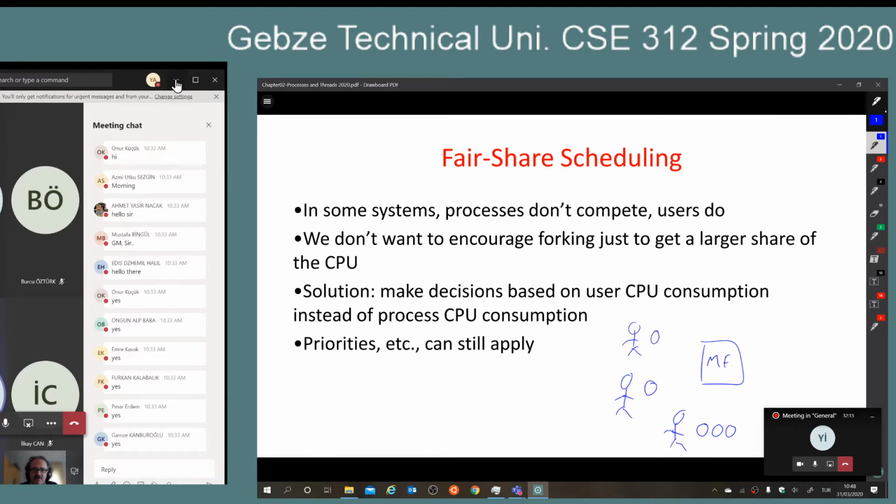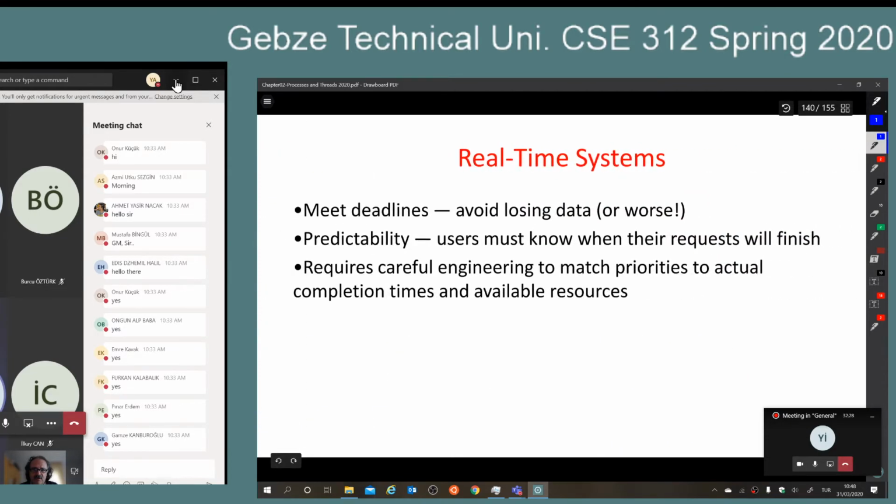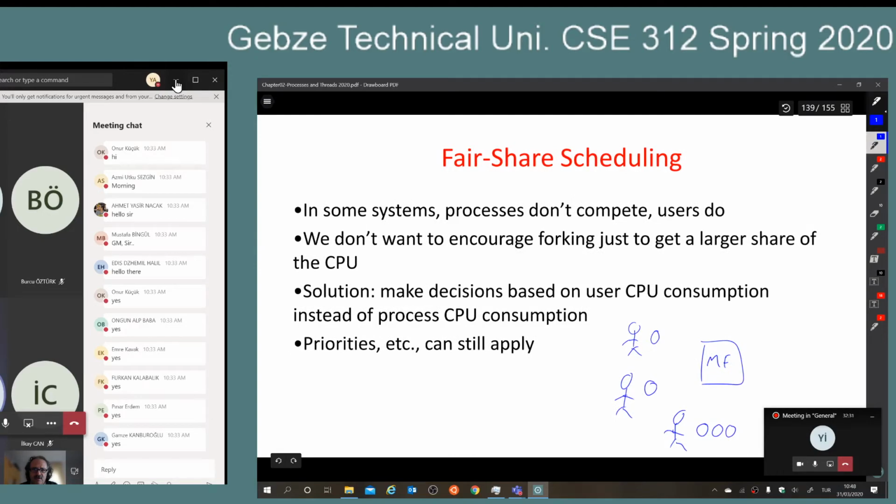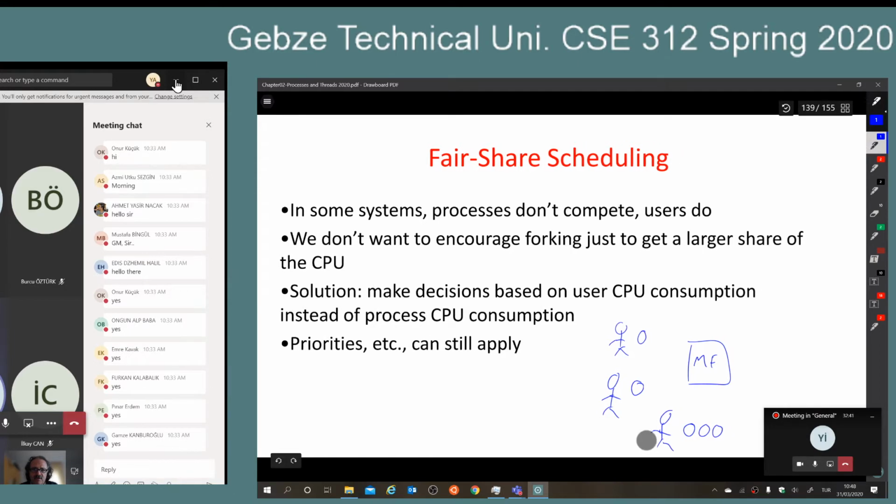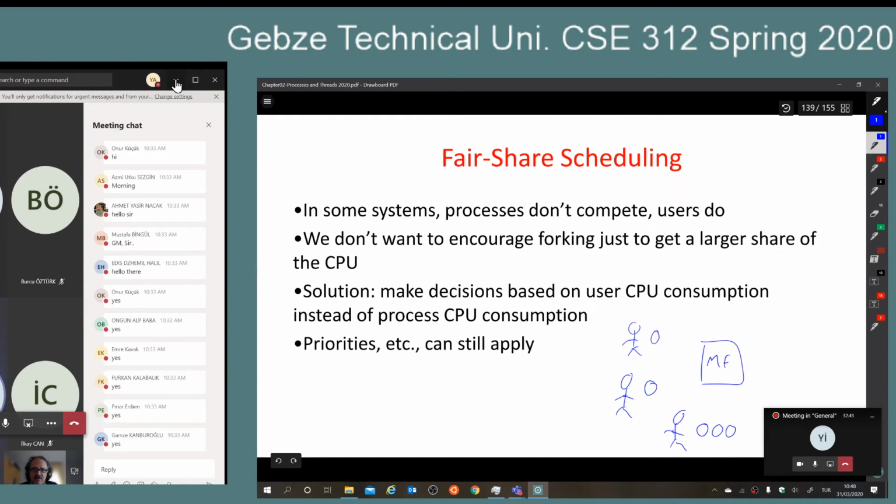So that's not fair. So fair share scheduling says that let's make this decision based on how much each user uses the CPU. Because if this user makes lots of processes, we don't want to encourage them forking just to get a larger share of the CPU.